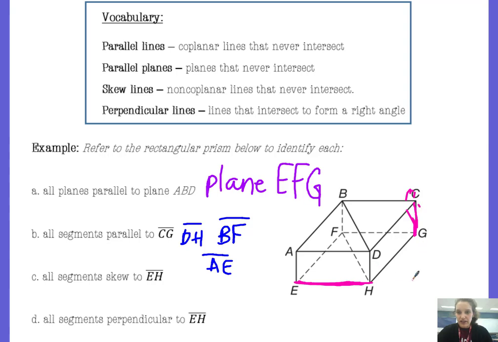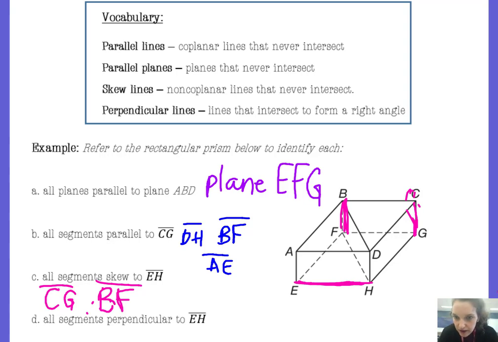Those two edges are never going to intersect. They're not coplanar. They're also not parallel. That's what's called skew. So segment CG is skew to segment EH. So that would also mean that segment BF is skew to EH.